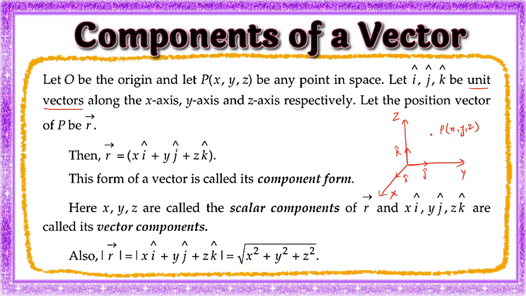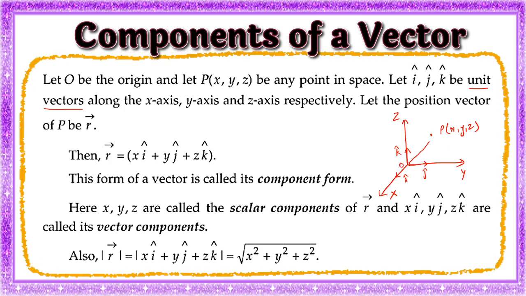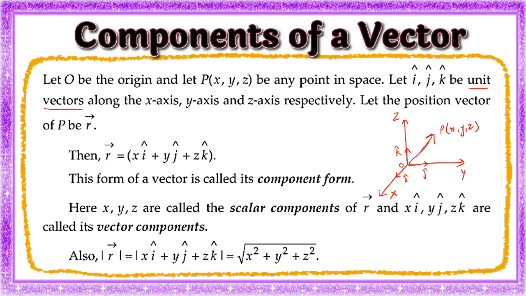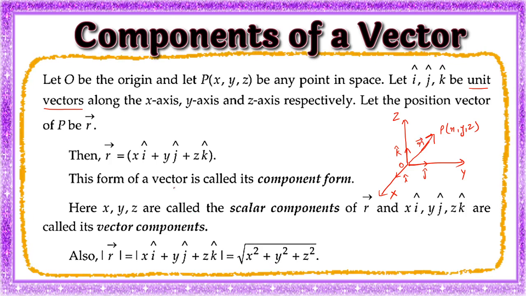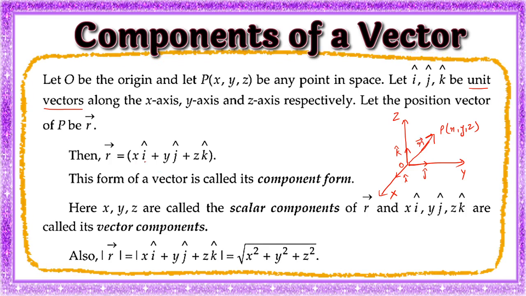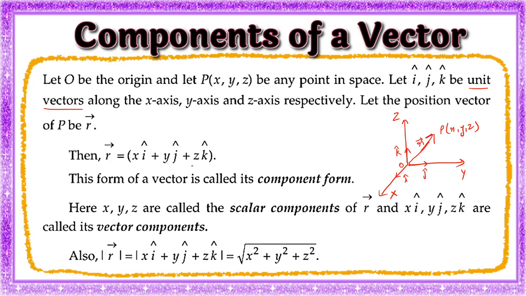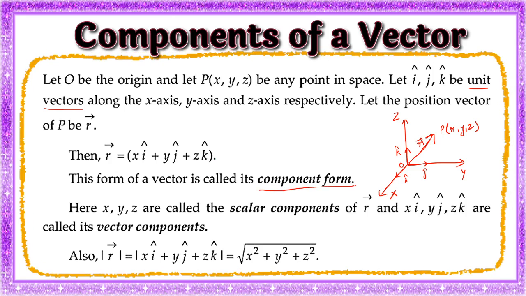Let the position vector of P be r. This is the origin and this is point P. So let's say this is r. This position vector OP will be x i cap plus y j cap plus z k cap, and this is called the component form.